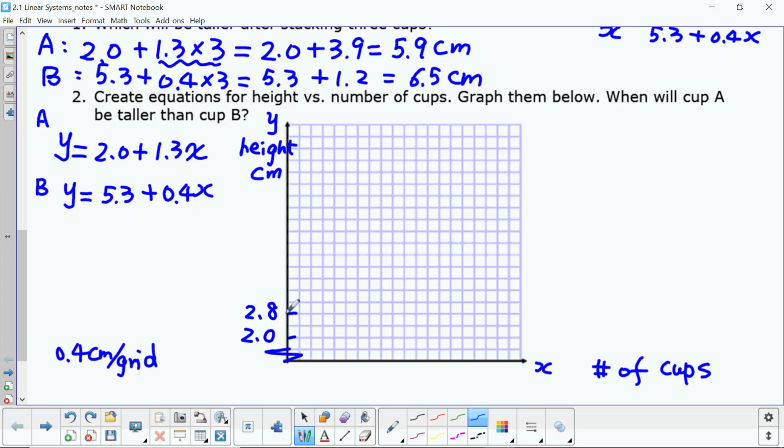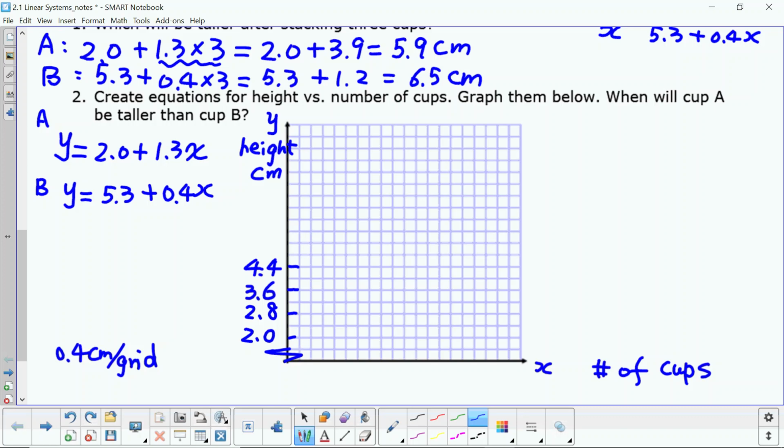Okay, so go up by 0.4 each grid. I'm not going to label each grid because it will run out of space. So I label every 2 grids. Every 2 grids will be 0.8. So we go up every 2 grids by 0.8. Next one will be 3.6. Then 0.8 up to 4.4.